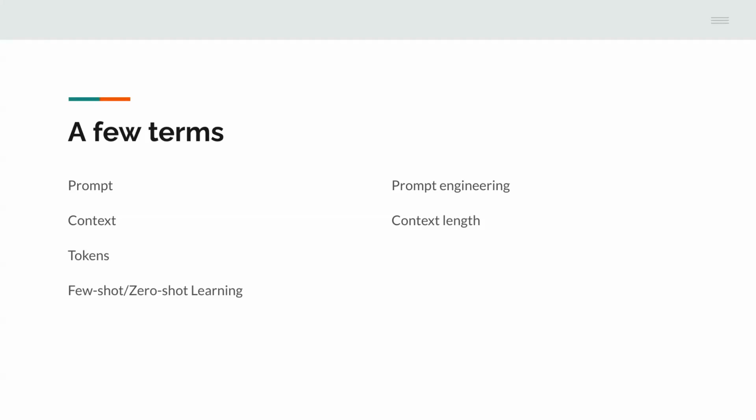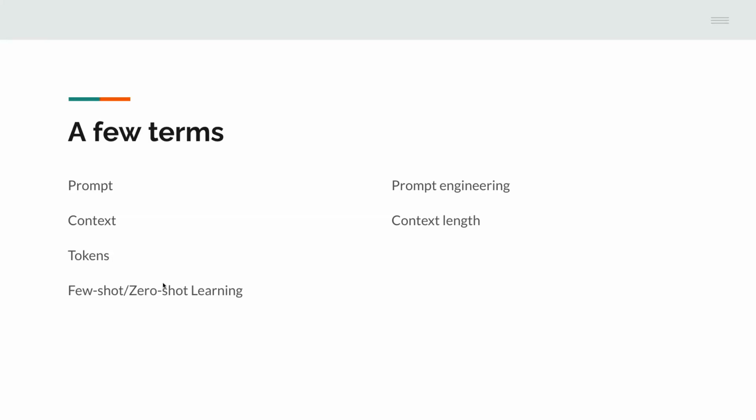So it's not that they memorize what you have said to them and then produce the output for you. That makes the context length very important, because the number of tokens that it can accept basically dictates how long you can carry on this conversation with the large language models.